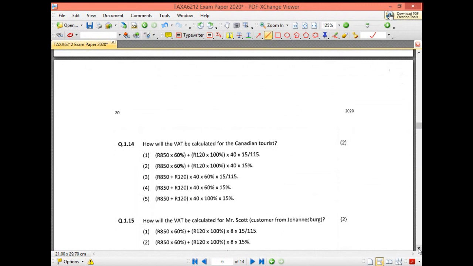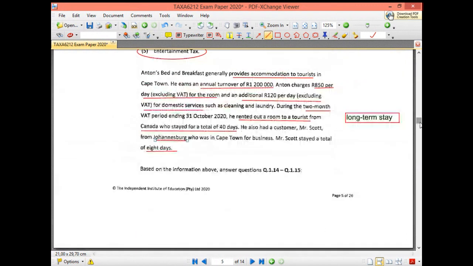Okay, so you see they've got quite a few options here. So let's quickly go back to the information and break it down to what information we need. Firstly, $850 per room. So they would have charged him $850 as well as the 120 per day. So we know it's $850 plus 120 and he stayed for 40 days.